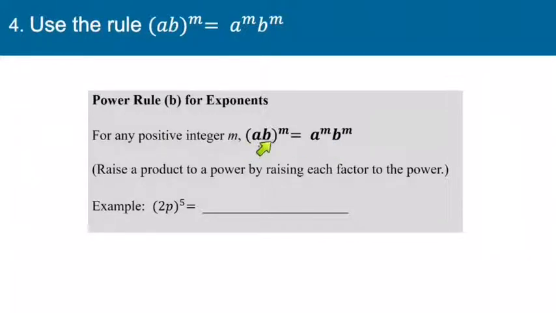So a times b raised to the m power becomes a to the m power times b to the m power. In words, you could say that you raise a product to a power by raising each factor to that power. So let's do that here. 2p to the 5th power would be 2 to the 5th power times p to the 5th power.